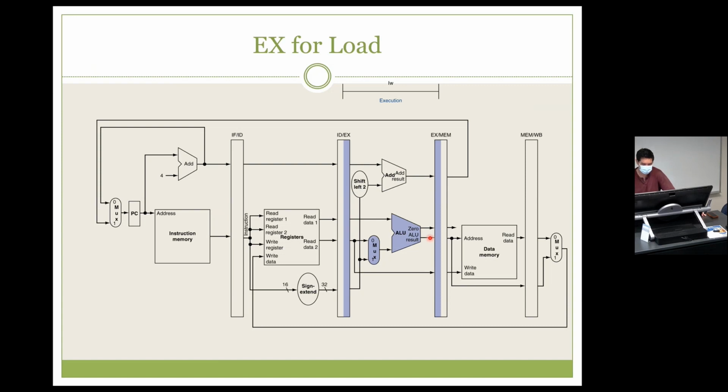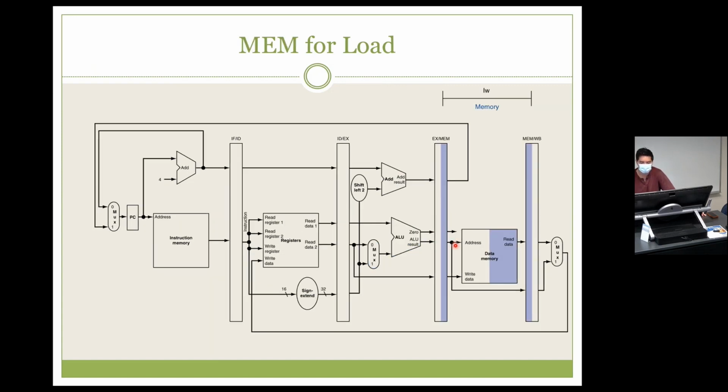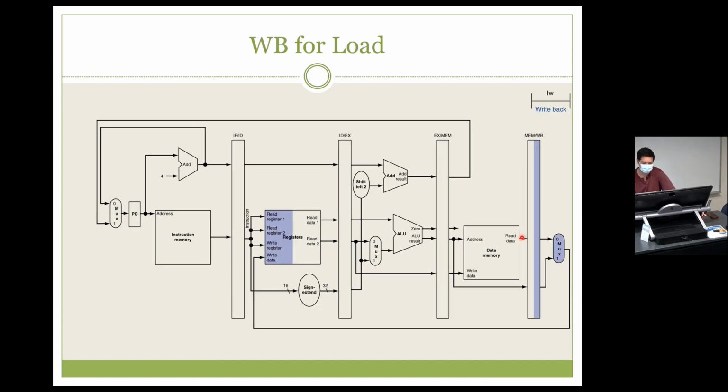And next clock cycle, we have our calculated address, and we're going to get the data out of the data memory. And finally, I told you that this is going to also propagate RT. So we get the read data as our write data, and RT is our write register. And that is our fifth cycle.